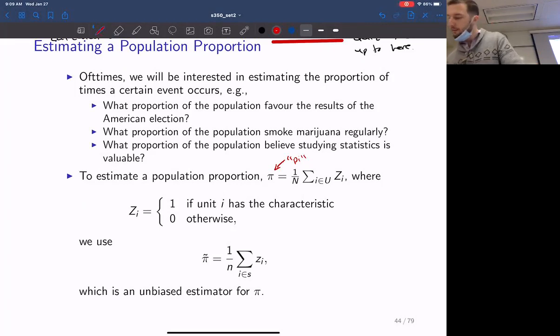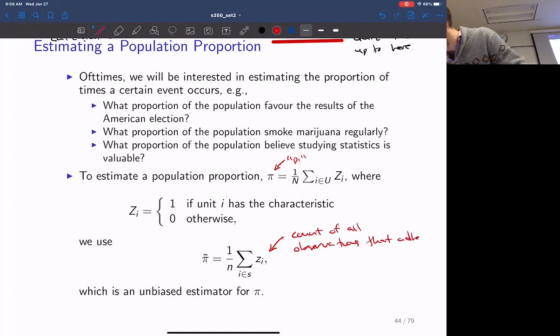It's essentially just a count of all observations that adhere to the characteristic, divided by little n, which is the sample size for the entire experiment. And we can show fairly easily that pi tilde is an unbiased estimator for pi.